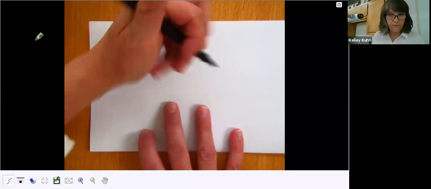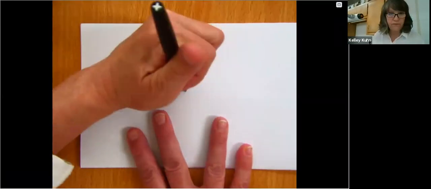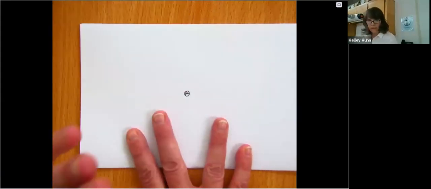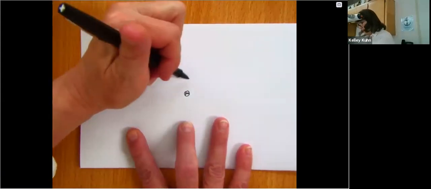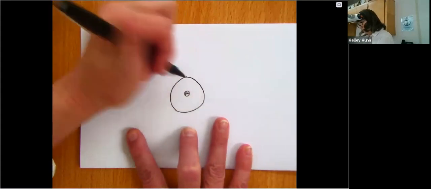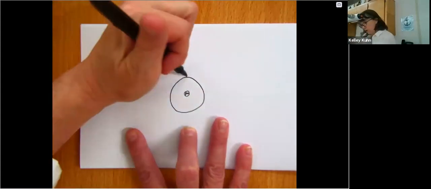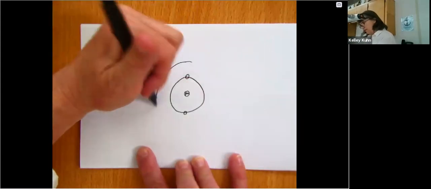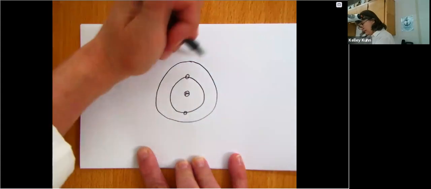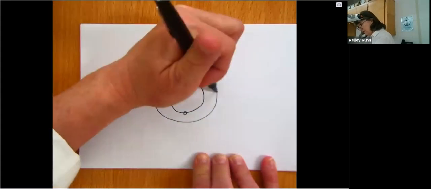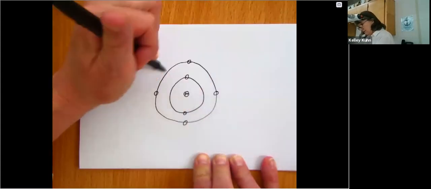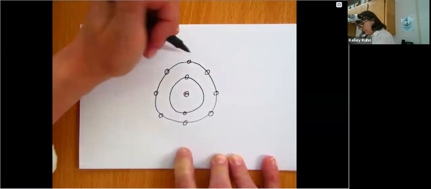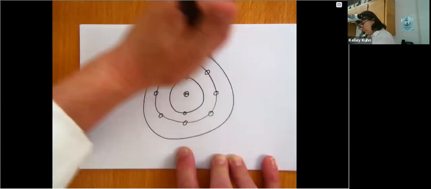So he said, yes, there is a tiny nucleus with protons and neutrons, tiny comparatively speaking, and then there are energy levels. He said the first energy level holds 2 electrons, and then the second energy level holds 8 electrons. And then the third holds 18.